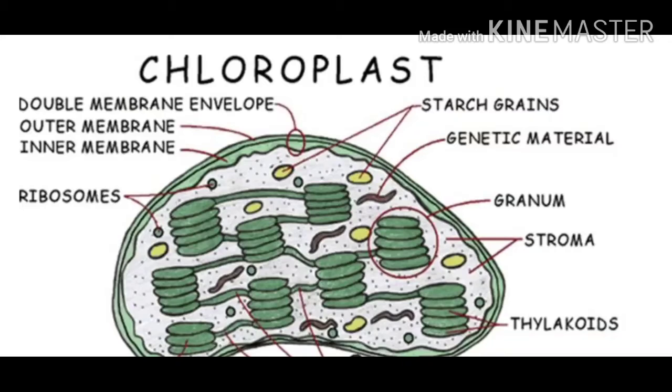Granum is singular. Like that, many granum are joined one to the other, and the plural form of granum is grana. So, light reaction takes place in granum or in thylakoids, whereas dark reaction or light independent reaction takes place in stroma.